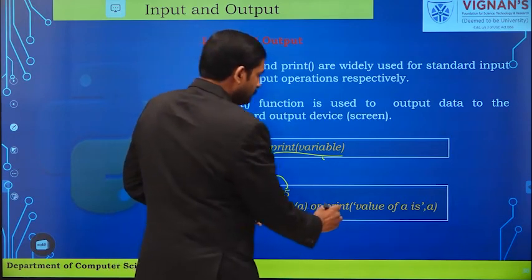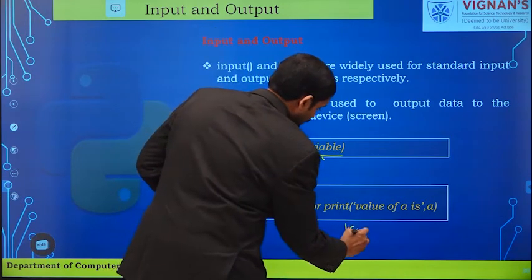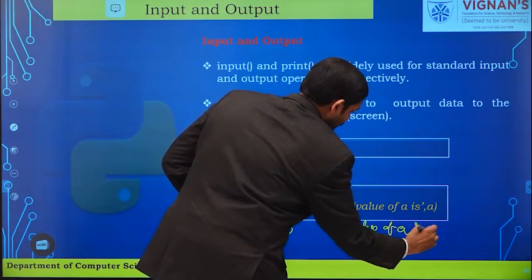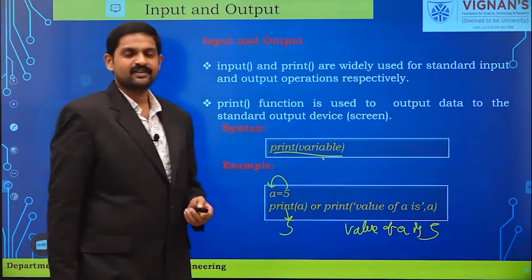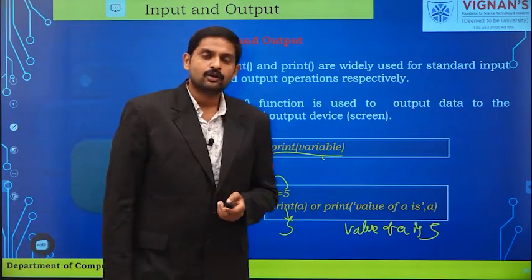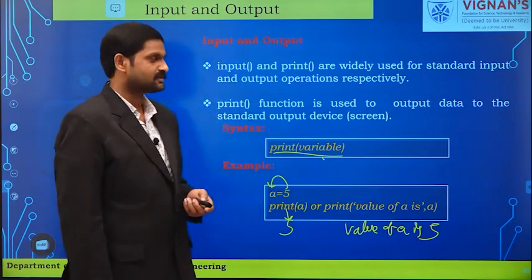Now, print of value of A is A. What is the output? Value of A is 5. Print is the output function to output the data to the standard output device. Next.